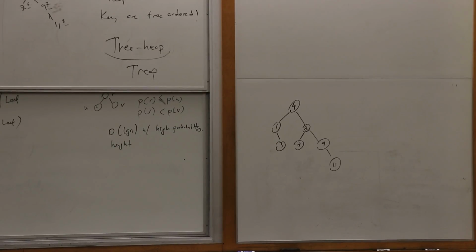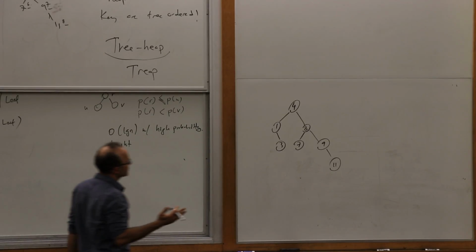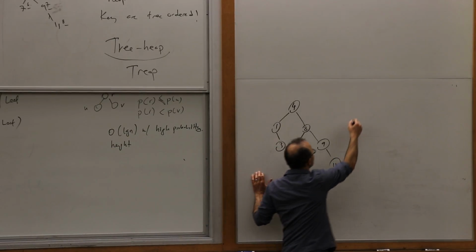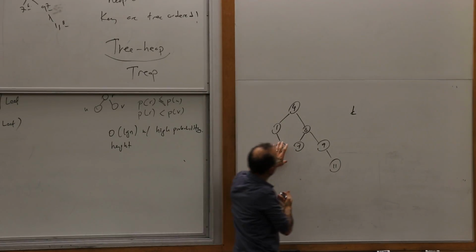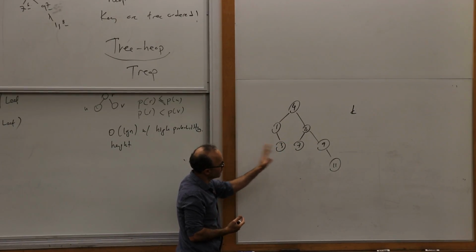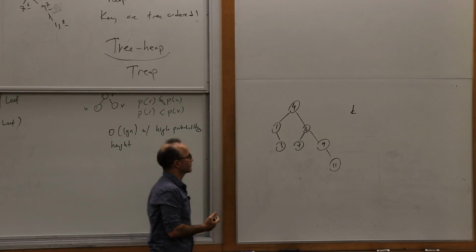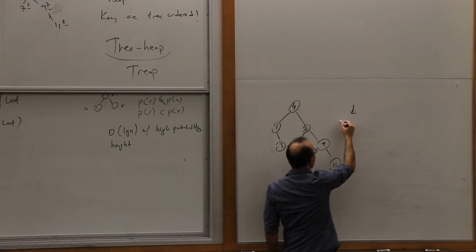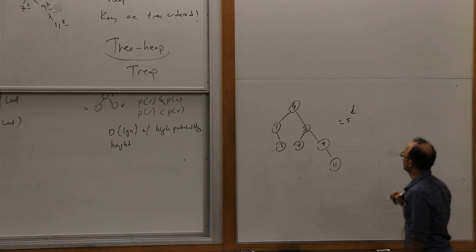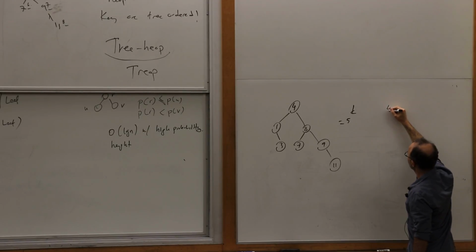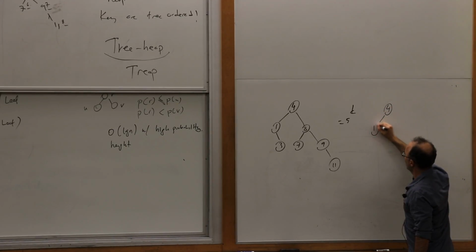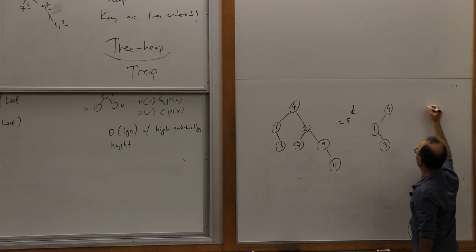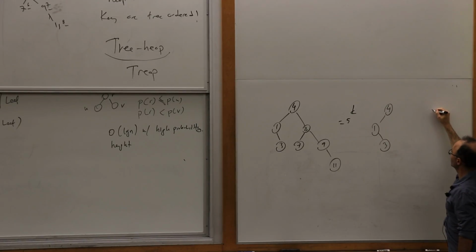Okay. So remember, what we want to do is split this into 2 trees based on the key: the left is going to contain the stuff that's less, the right is going to contain the stuff that's greater. So if, for example, the key is 5, here is what we want to do. We want 4, 1, 3 as the left, and we want 8, 7, 9, 11 as the right.